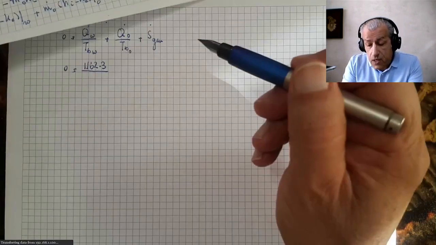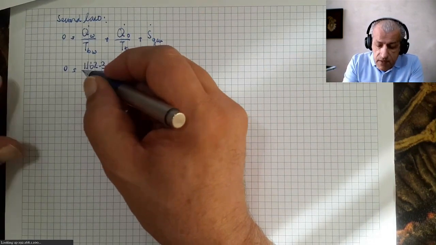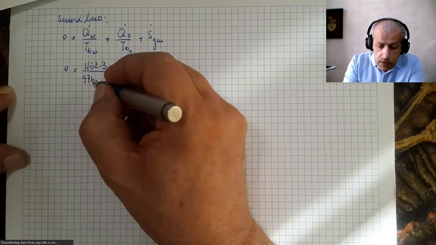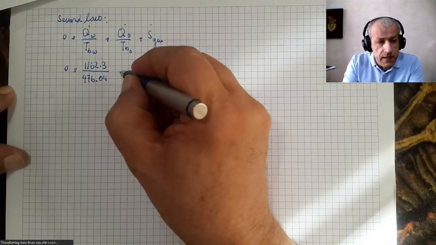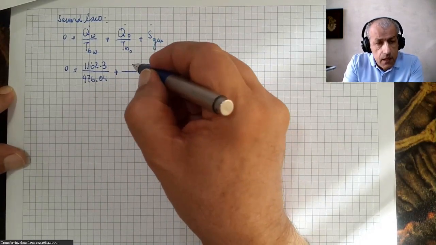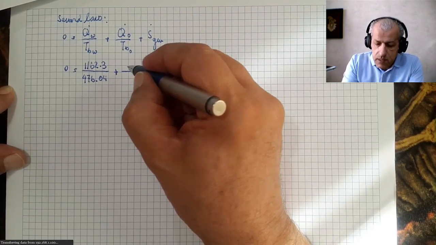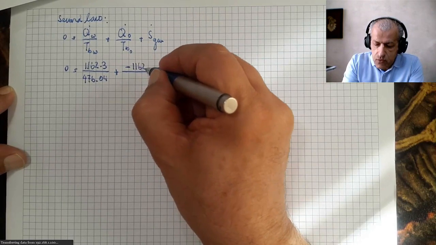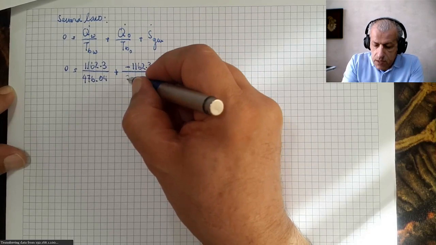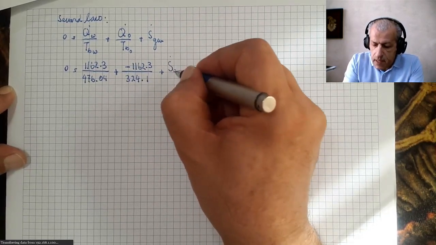So this should be positive, divided by 476.04, which is its equivalent temperature, plus now on the oil side, this new system is losing heat, so it is minus 1162.3 divided by its equivalent temperature, which is 324.1, and plus S dot gen.